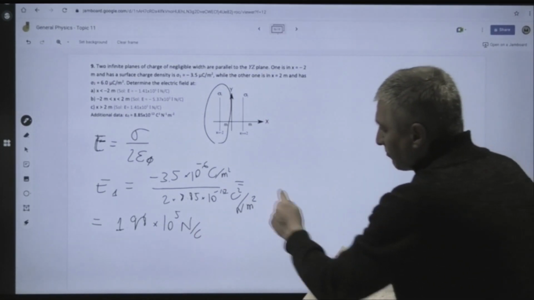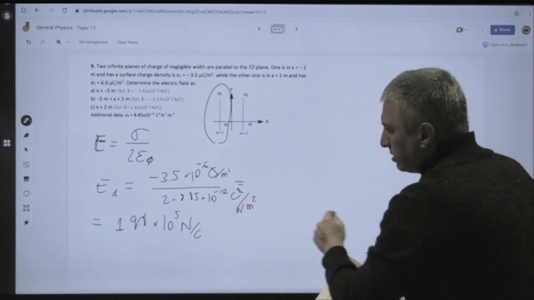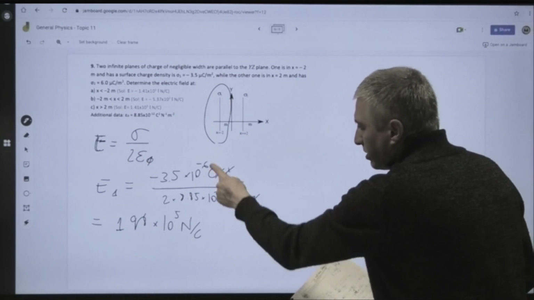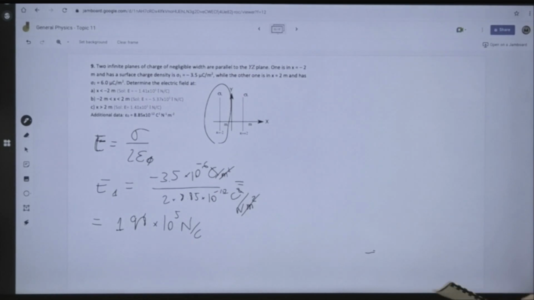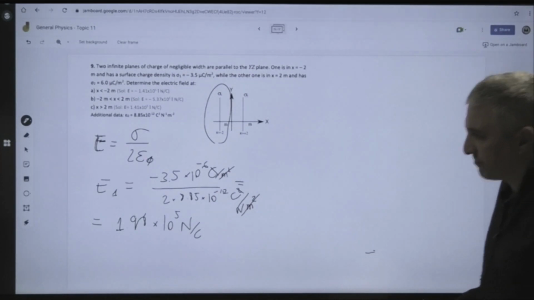Does it make sense in terms of units? Yes, the coulomb goes with the meter square, and we end up with newtons divided by coulomb, which is units of the electric field, of course.